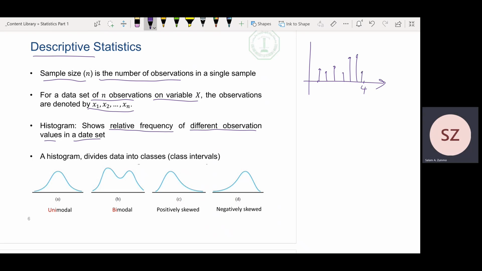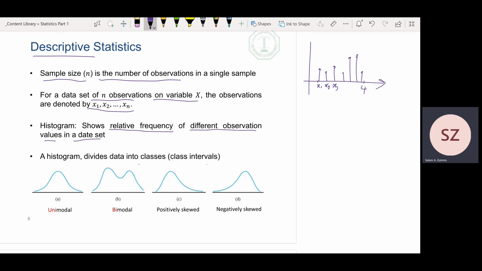This is the histogram, the distribution. It shows the relative frequency of students who got this GPA x1, this GPA x2, this GPA x3. How many students got this? How many students got that in the sample? In 100 students, 20 got this, 15 got this GPA, 2 got this GPA. Well, this is what we call a histogram.